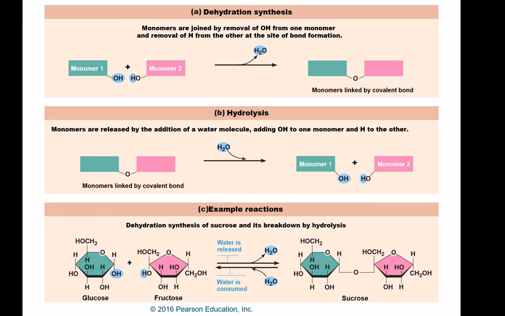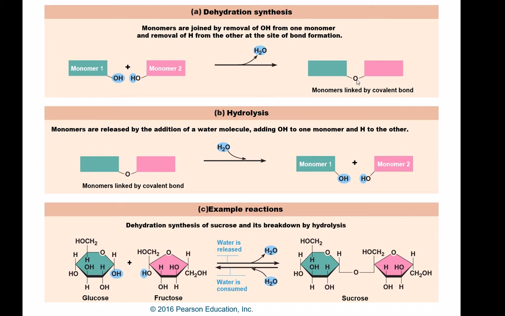Let's look at dehydration first. Here you can see you have 2 different monomers. If we take the OH from this monomer and the H from this monomer, we can get water. If we remove that water, we now have a covalent bond formed between these 2 monomers through this oxygen atom.